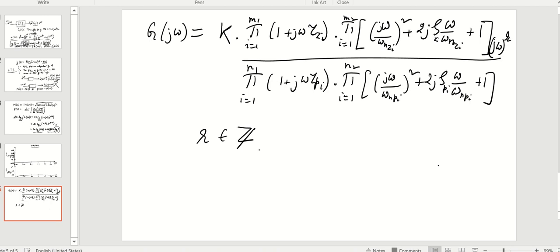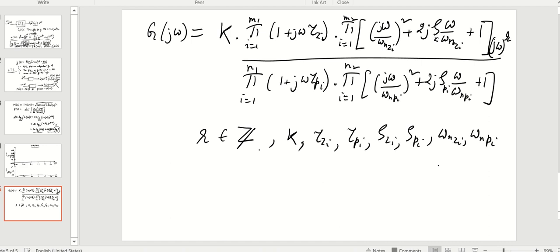If 0 is there, then it really doesn't make sense in writing this, and it's a type 0 system anyway. K, tau zi, tau pi, zeta zi, zeta pi, omega n zi, omega n pi, all of these are real numbers.